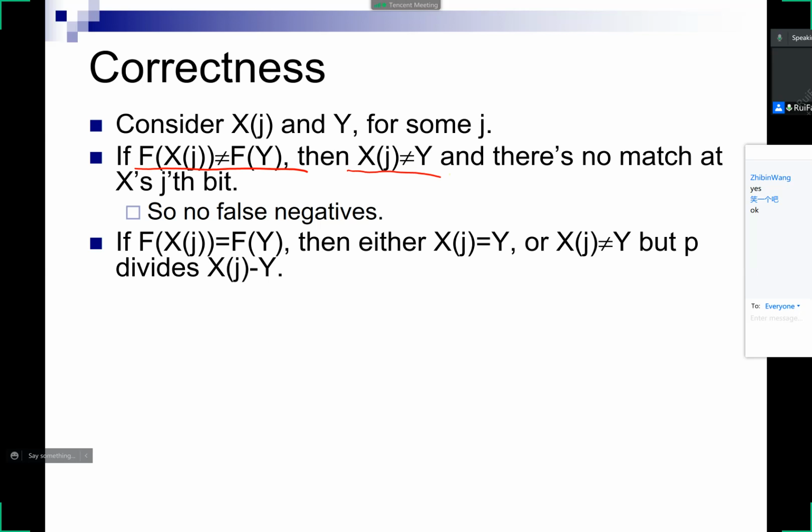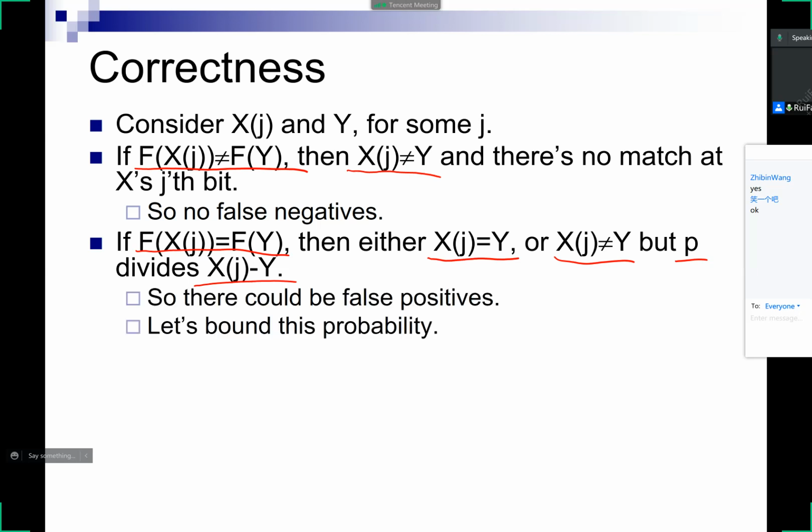However, if the fingerprints match, then either y actually matches x at position j, or it does not match, but in that situation you must have that p divides x of j minus y. Just like in the previous algorithm, if you get a false positive, the only reason is because p has to divide a minus b. So in this case, p has to divide this value here.